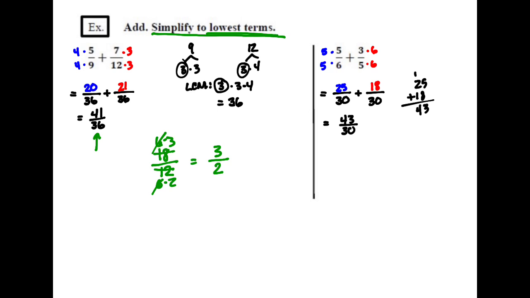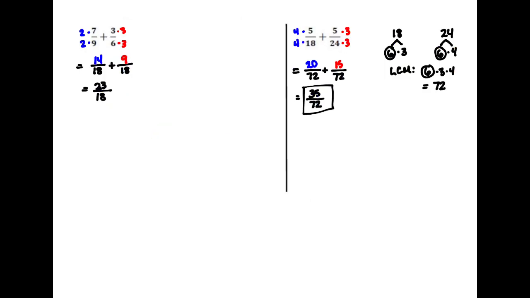So both of these answers are completely acceptable as is because they're both completely simplified. And same thing here. The 23 over 18 is completely simplified. On this one, it's completely simplified, and it doesn't matter that the top is bigger because it isn't. Top is smaller than the bottom.